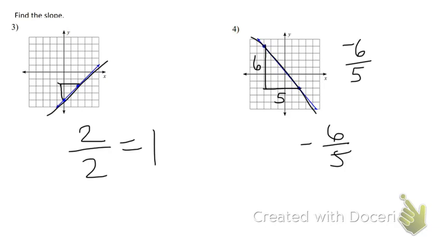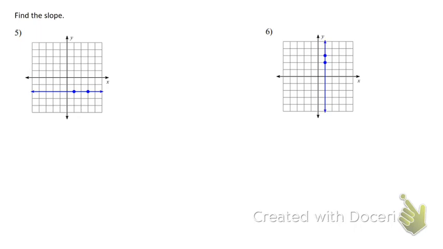Okay, now the last 2, horizontal and vertical lines. You can do it the same way, but then you kind of want to memorize it. On number 5, to get from this point to this point, I rise nothing.